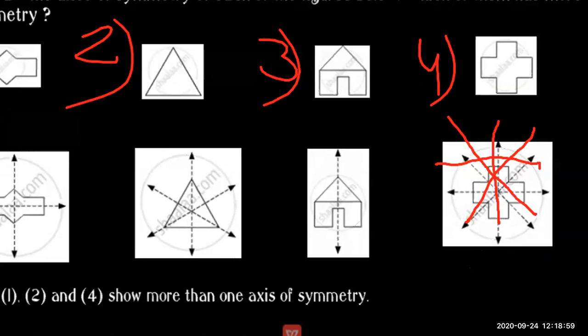Now I hope you people have understood the first question. The first question was, which figures are showing more than one axis? Figures 1, 2 and 4 are showing more than one axis.